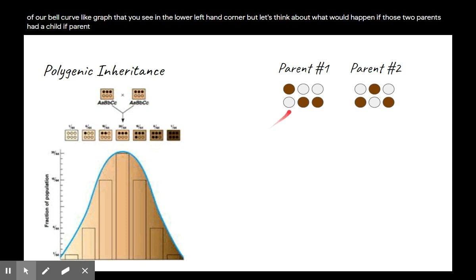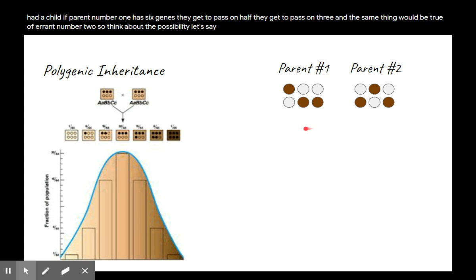If parent number 1 has 6 genes, they get to pass on half. They get to pass on 3. And the same thing would be true of parent number 2. So think about the possibility. Let's say that parent number 1 passes on this one, and this one.